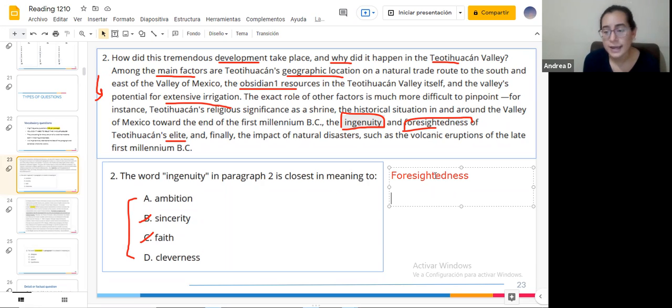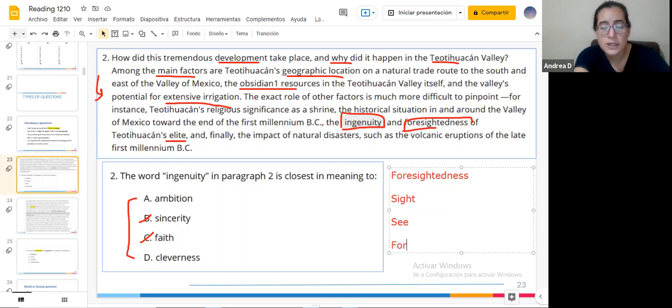Now foresightness. You can think of the word sight, for example. Do you know what sight is? Anybody? Sight basically, yes, exactly. Thank you. It's one of the senses, right? It's vista in Spanish, or the ability to see, vision basically.